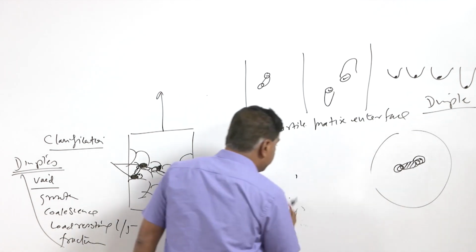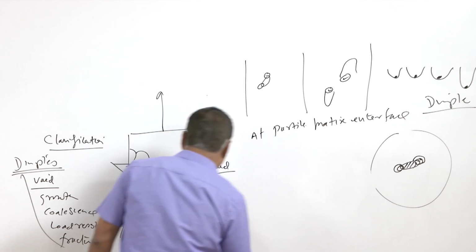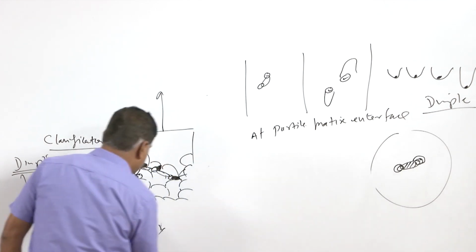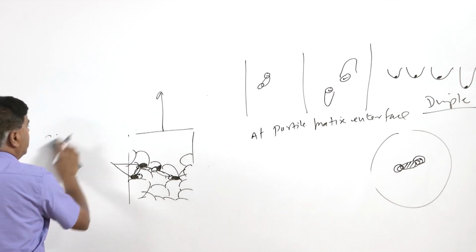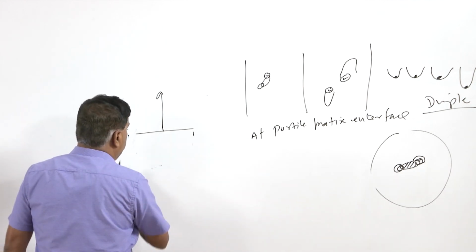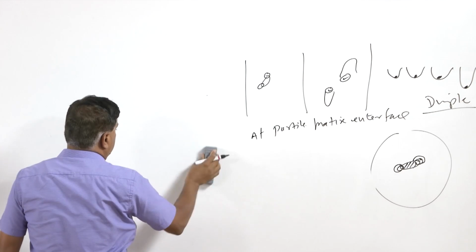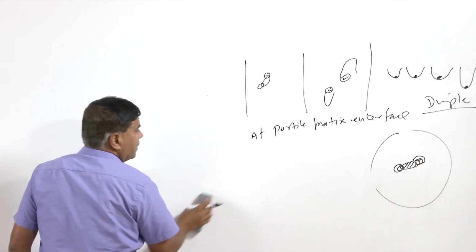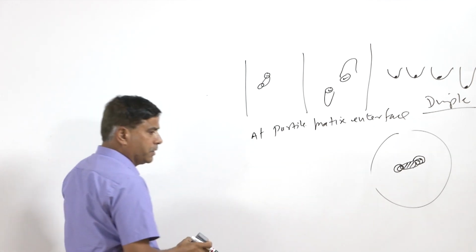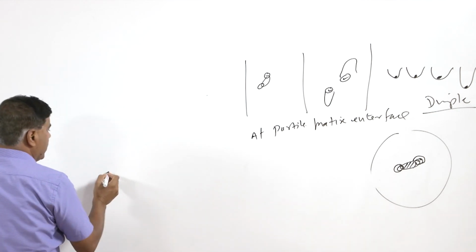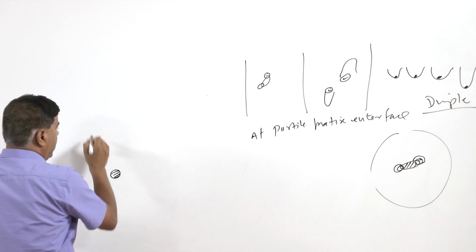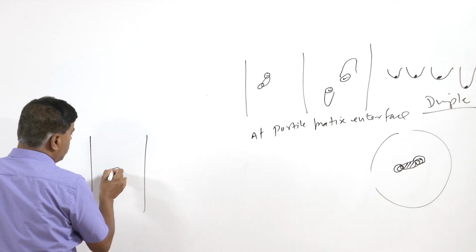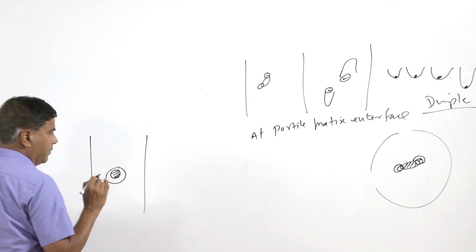There can be different situations under which the void nucleation takes place, and there are three types of situations where the dimple formation and their subsequent growth takes place. One is where the second phase particle is subjected to the external loading. So, one void is nucleated all around it.